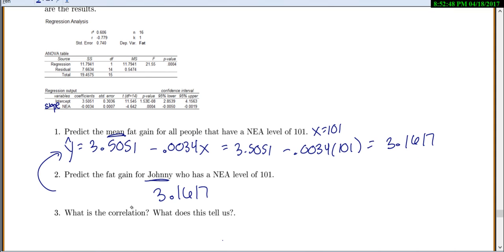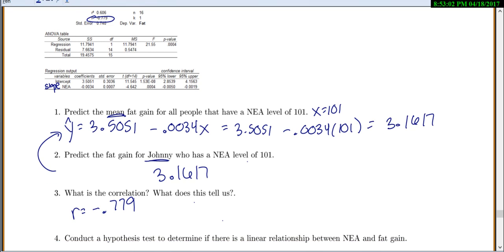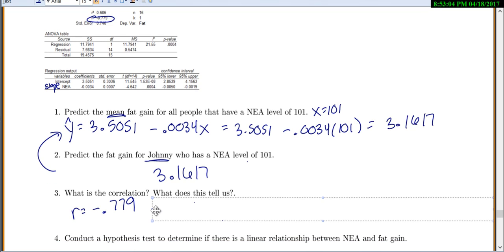What is the correlation and what does this tell you? So correlation is just R. This one tells it to me, I don't even really have to do anything. It's negative 0.779. What does a correlation of negative 0.779 tell us? It's negative, so it has a negative linear relationship.